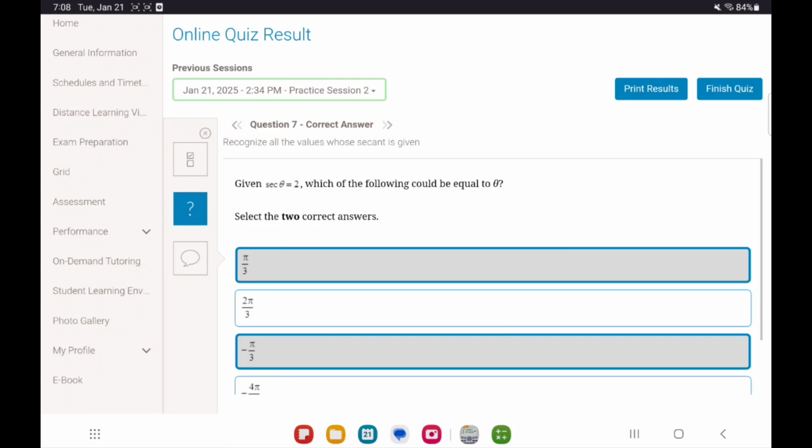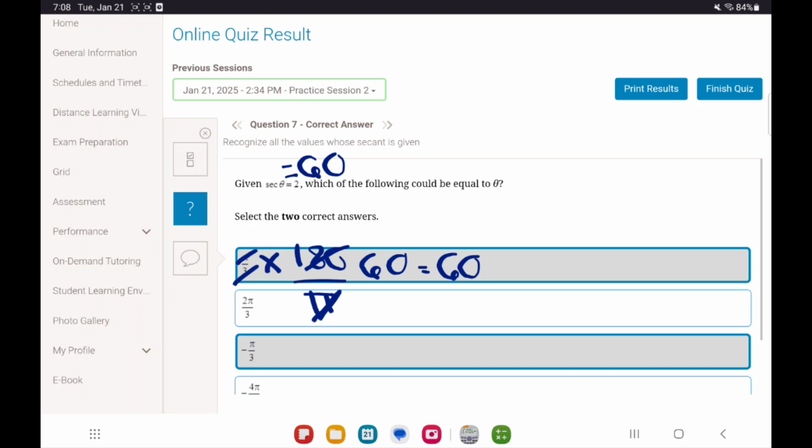So this is equal to 60. Let's change this to degrees. Pi over 3 and 180 is 60, so you get 60.